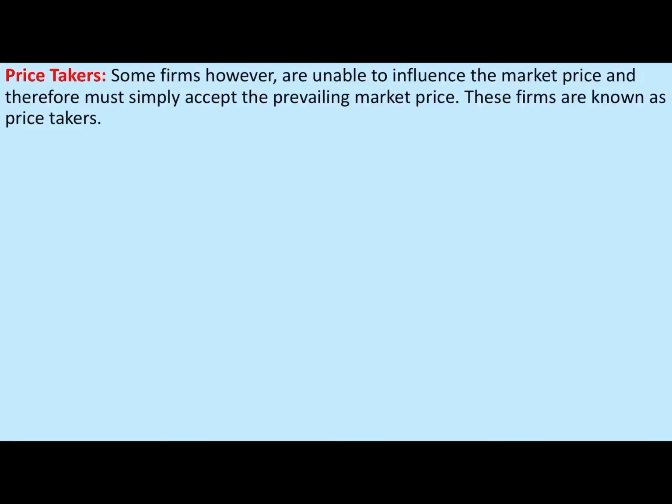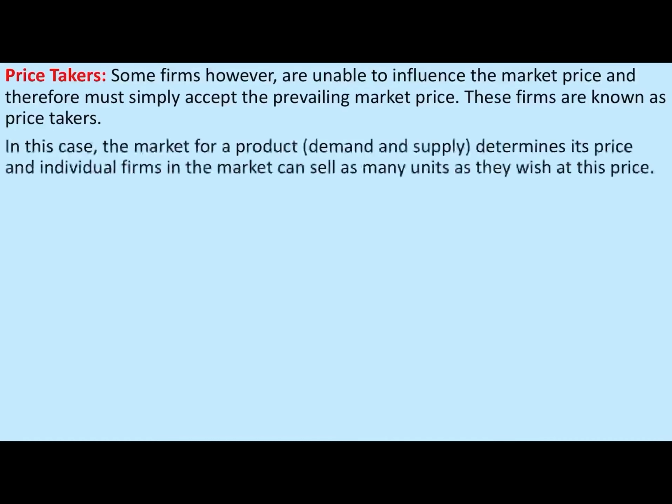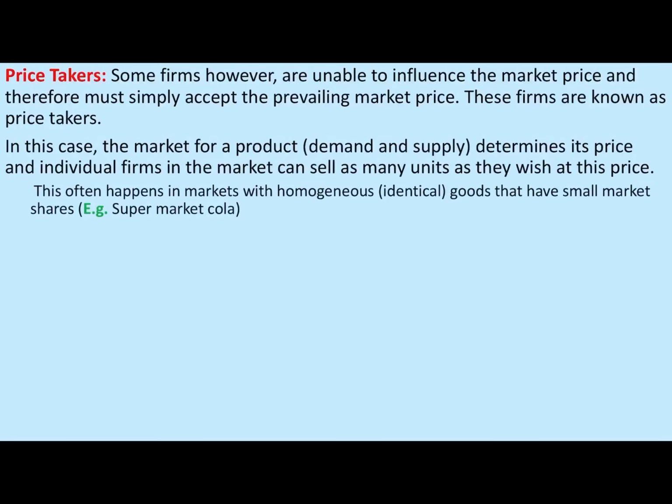The next type of firm then are price takers. These are firms that are unable to influence the market price and therefore they must simply accept the prevailing market price. The market for a product, the demand and supply for said product, determines the price, and the individual firms in the market can sell as many units as they wish to at this price.